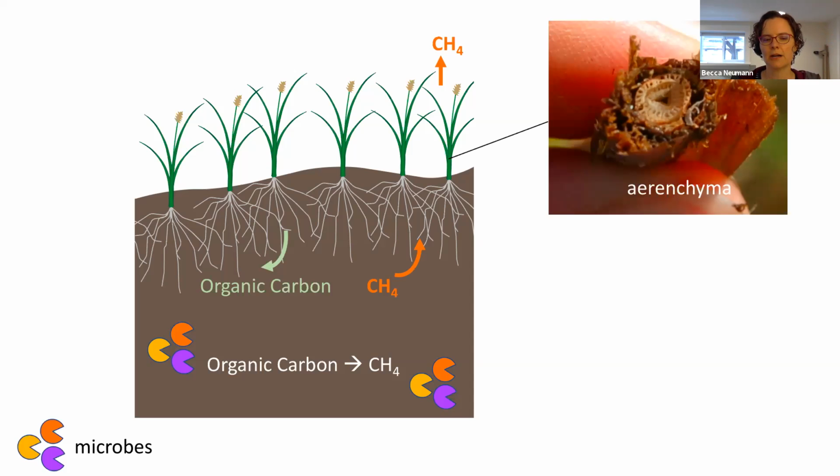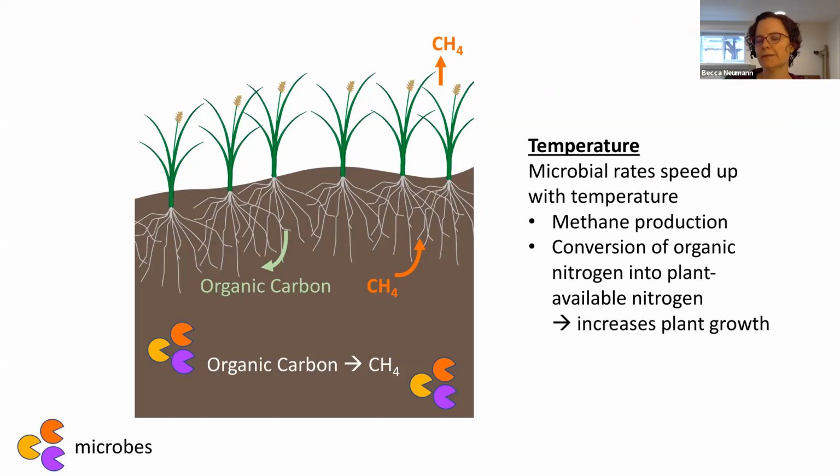So plants are a really big player within the methane cycle, and often methane emissions are tightly correlated with plant productivity. Temperature is also a really important variable, in large part because microbial rates speed up with temperature. So that means that we're going to have more methane getting produced in warmer soils.